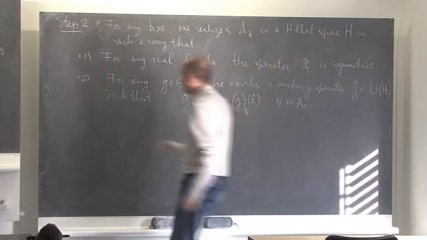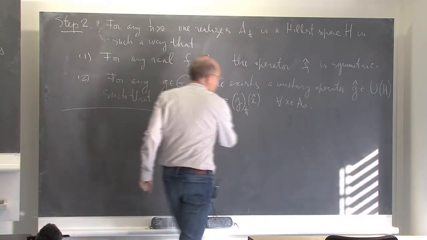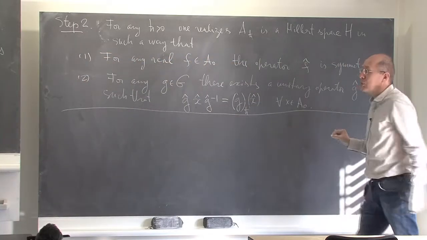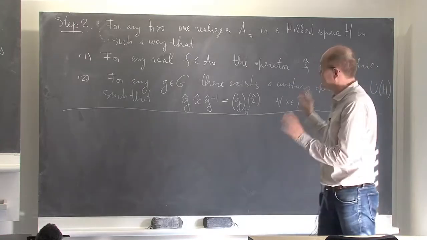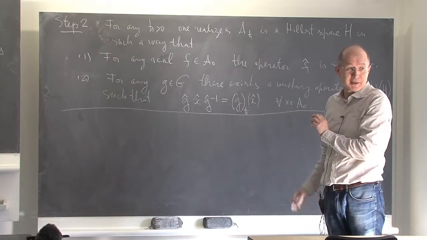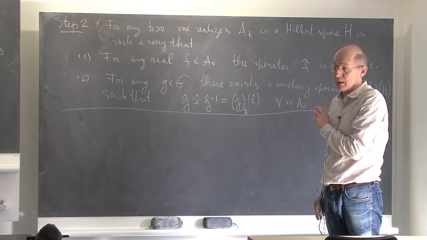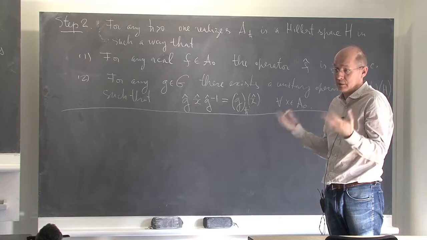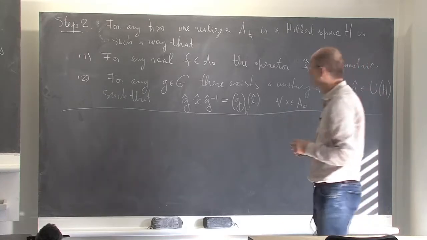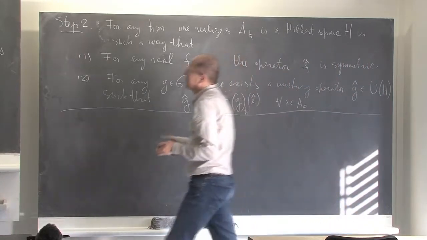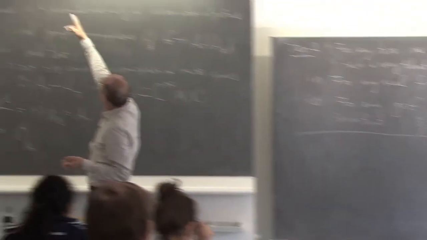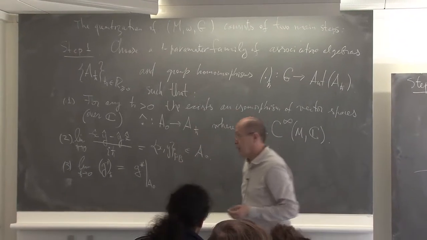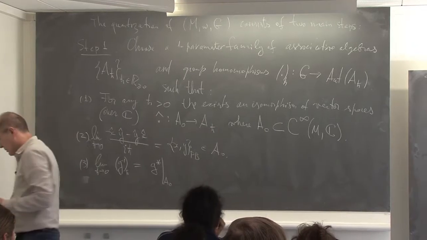Okay, now that's the general framework. And our goal will be to follow these steps to cook up the quantization of our basic algebraic system. So we know already that they are given by symplectomorphisms. So all the initial data we have at our disposal.